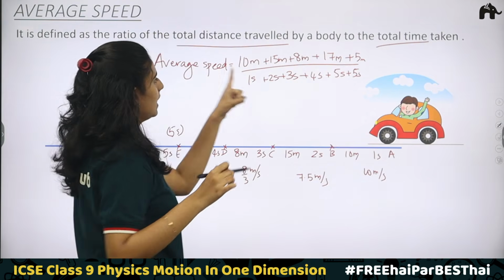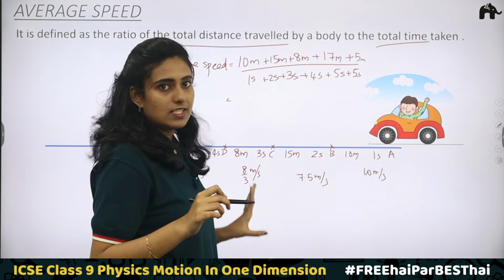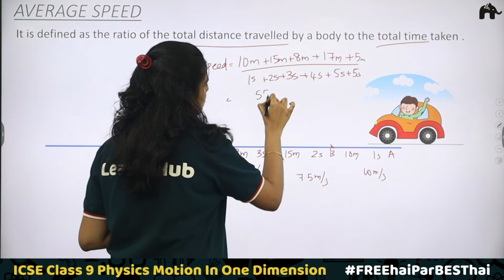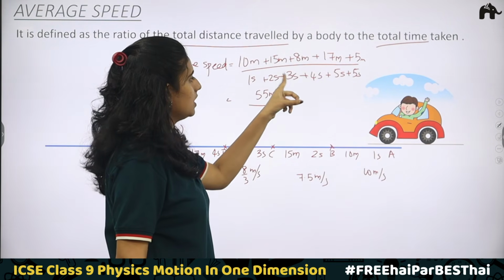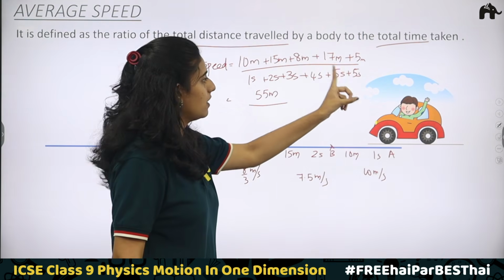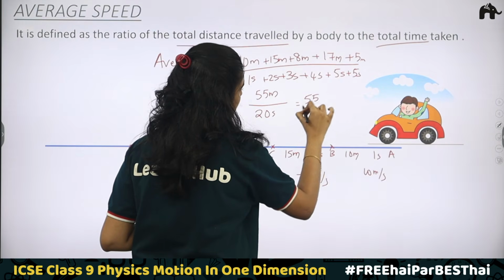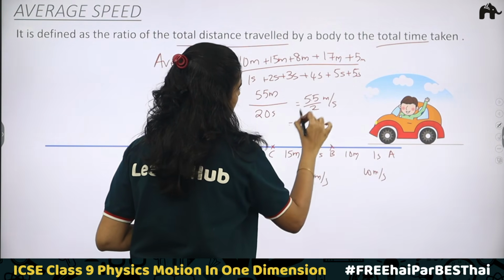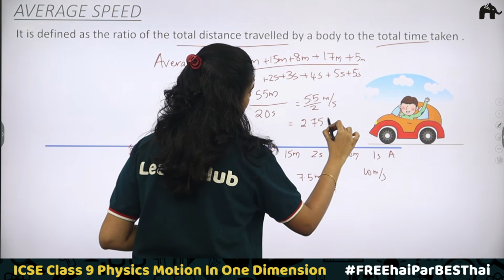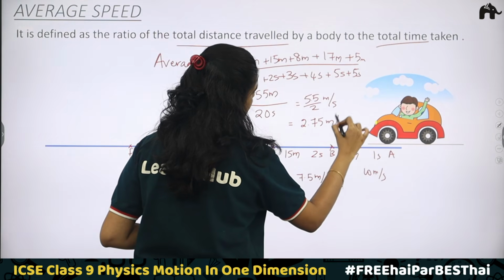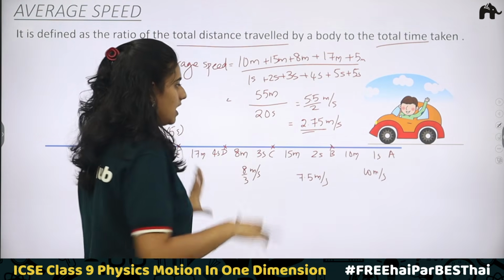Adding, what do you get? 10 plus 15 is 25, 25 plus 8 is 33, 33 plus 17 is 50, 50 plus 5 is 55 meters. So 55 meters divided by the total time taken: 1 plus 2 is 3, 3 plus 3 is 6, 6 plus 4 is 10, 10 plus 5 is 15, 15 plus 5 is 20 seconds. That is equal to 55 by 20, which is 2.75 meter per second, which is the average speed, and this is how you will be finding the average speed.